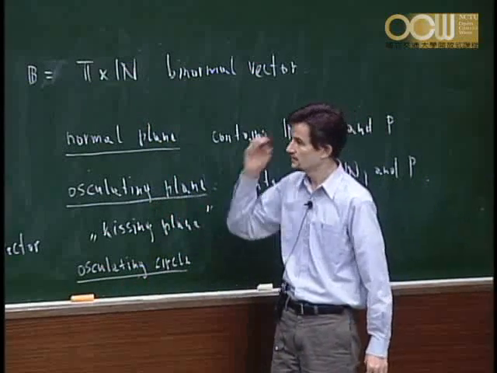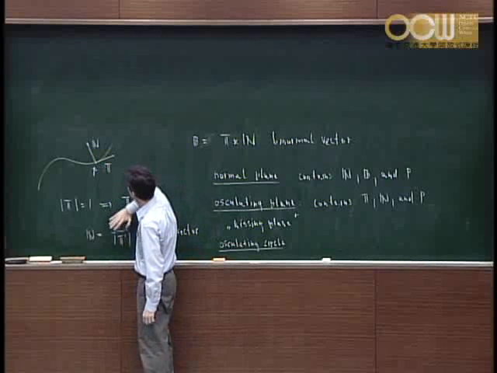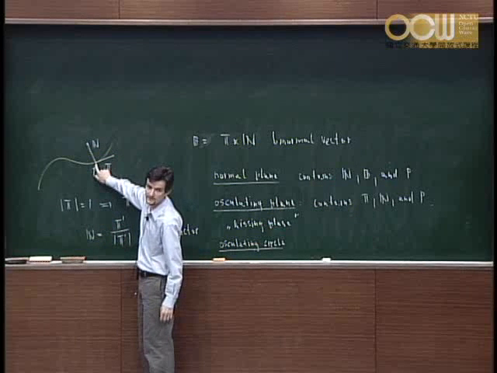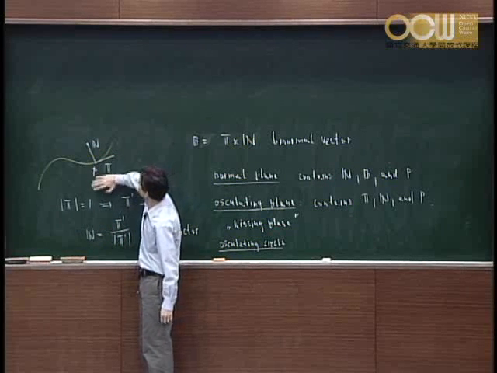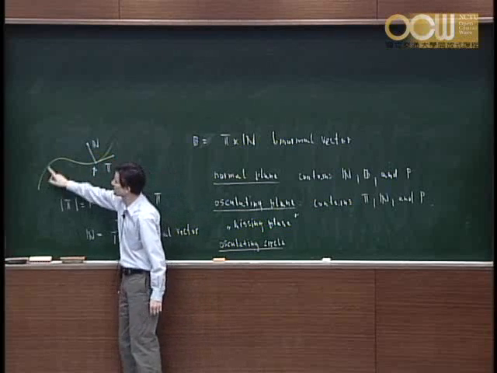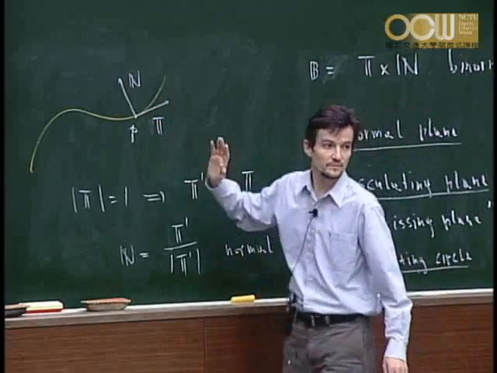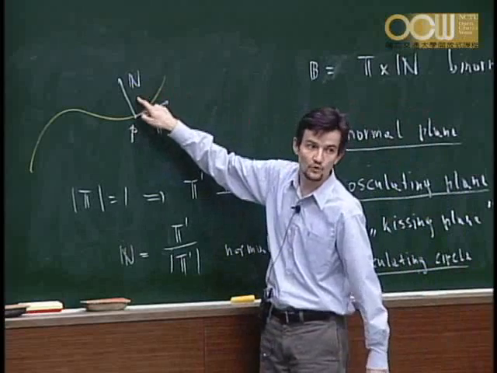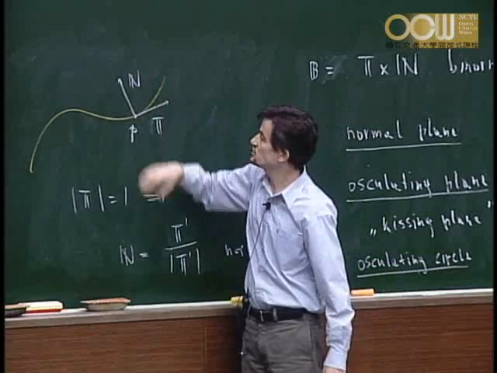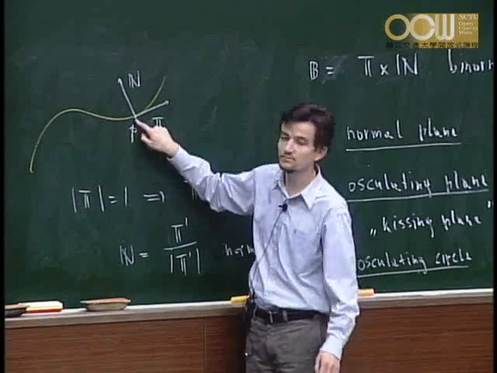So for instance, it would lie in the plane which contains the largest part of the space curve, locally at the point P. Then this information is not enough. You have also to say on which side of the space curve. So the osculating circle is on the side of the space curve to which the normal vector points. So it will be here. Then it shares the point P with the space curve, and it shares in the point P the same curvature.